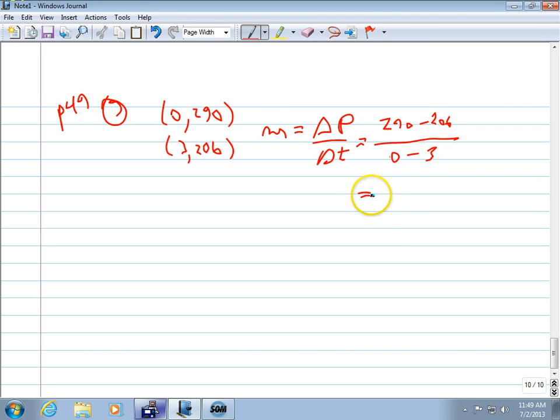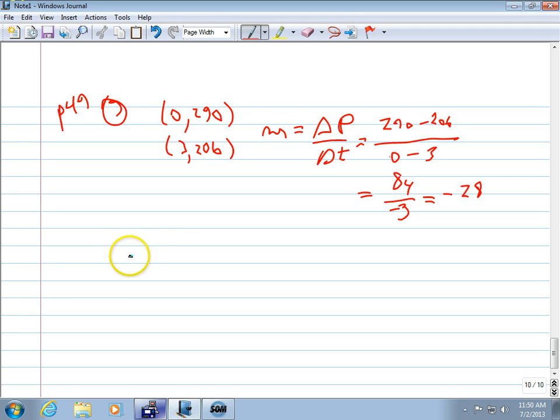And 290 minus 206 is? Isn't it 84? Over what? Negative 3. And 3 goes into 84 nice and even, doesn't it? So it's going to be a negative what? 28? Okay. So there's your equation.